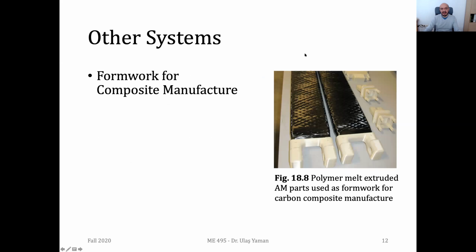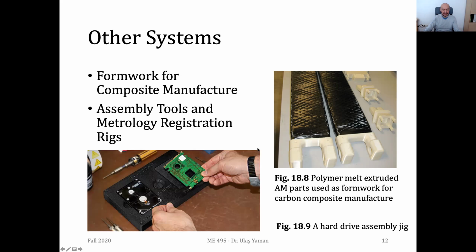And furthermore, we can use the result of additive manufacturing for composite manufacturing. We may have such tools. These are called tools, and on top of these tools, you can join some carbon sheets. Such composite sheets can be put on top of each other, and later you may simply remove that composite part and use the same tool for your next manufacturing operations once again.